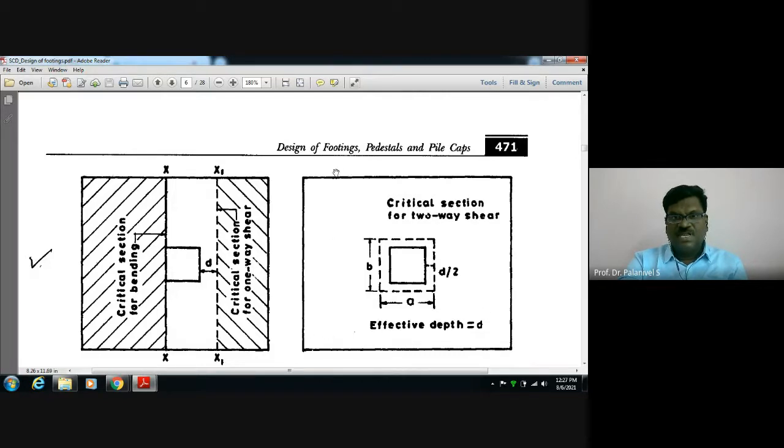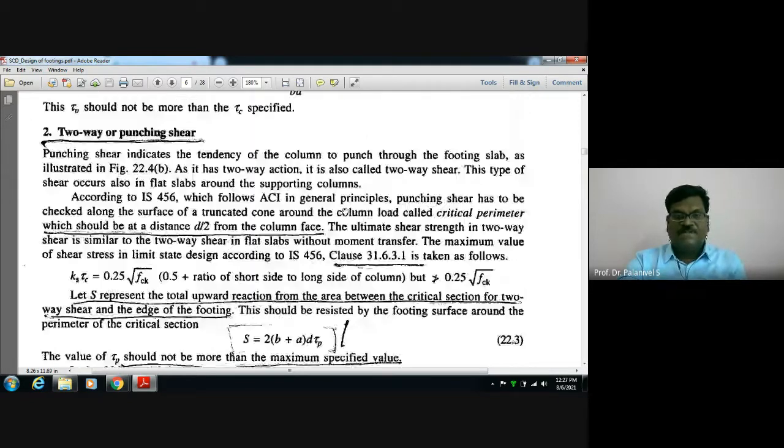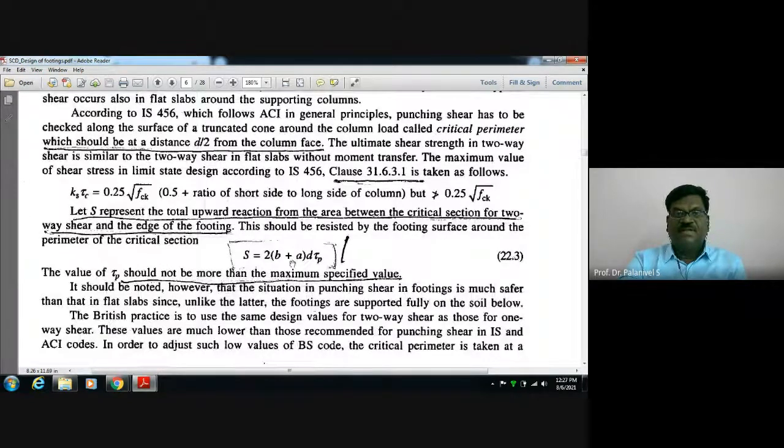This area should be shaded. This area into the upward pressure will give you capital S for punching shear.